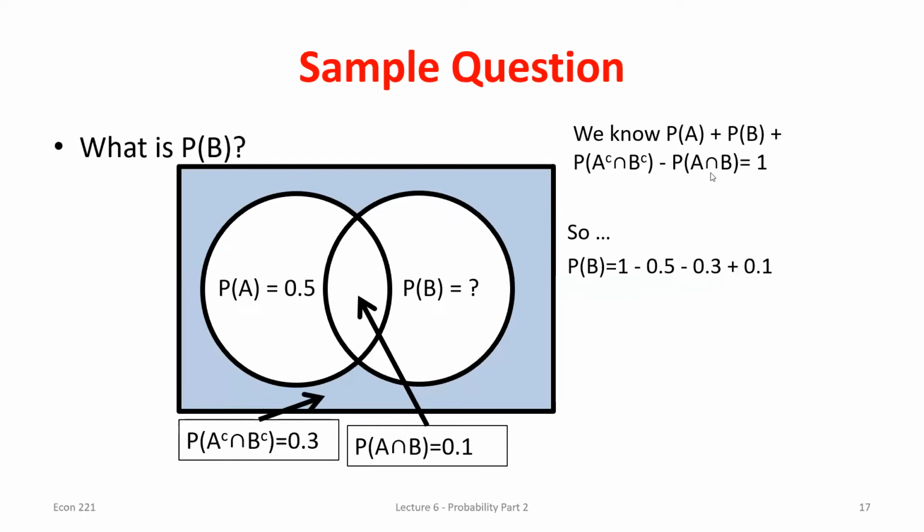Here I skipped a step, but once I plug those values in, I need to move everything over so that I have the probability of B as a function of everything else, which is now just numbers. There's just a little bit of algebra once I've plugged everything in, okay? So I plug those values in, rearrange so that I'm solving for the one thing I don't know, and I can find that missing probability of B, okay? Any questions here before we keep moving?